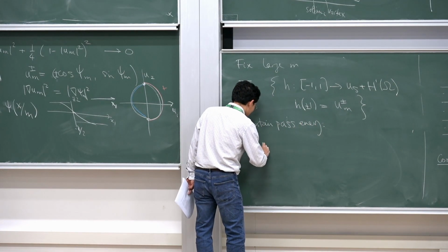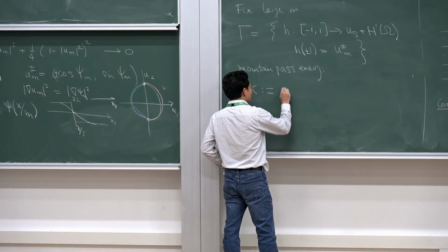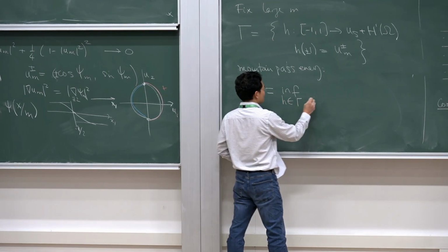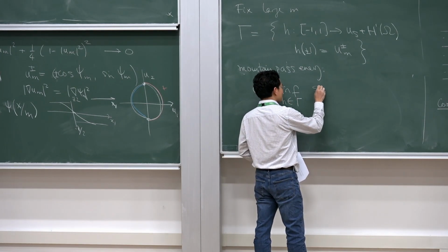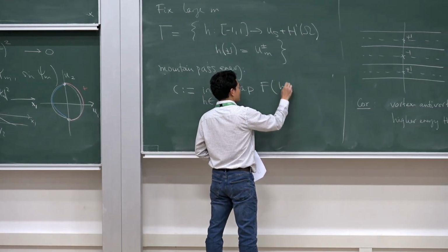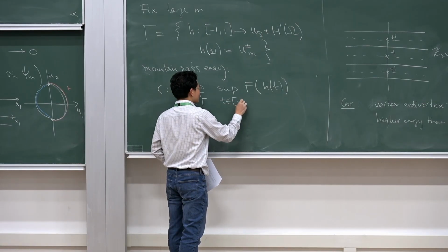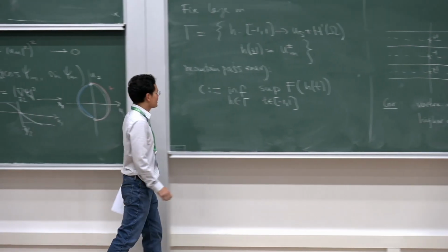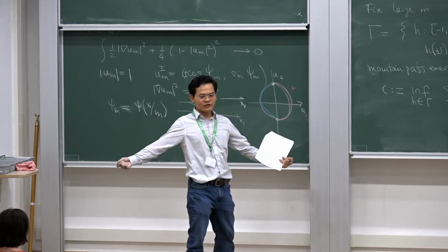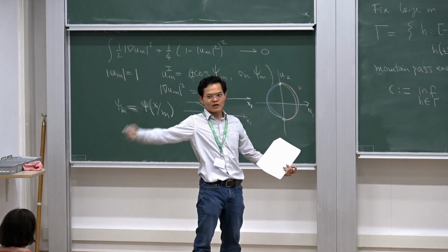So I look at this guy here, which is equal to the infimum over all paths in gamma, and I take the supremum over the energy of h of t, where t is in -1, 1. So basically, I don't have a minimum, but I have 2 points that are almost like zero energy, and I'm trying to go from one to the other one.